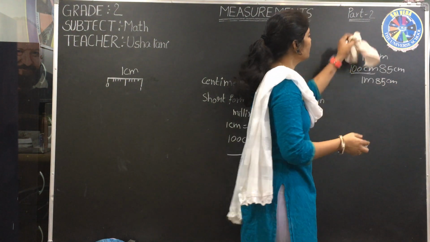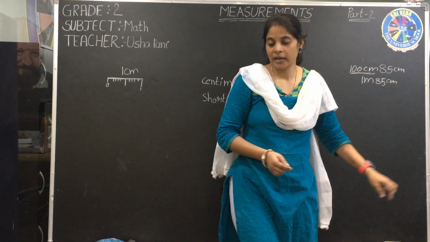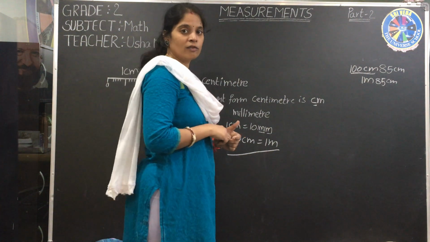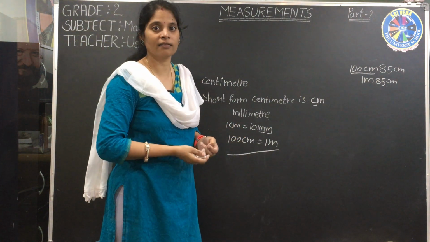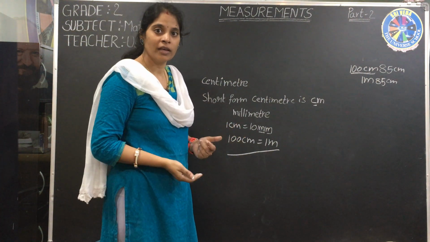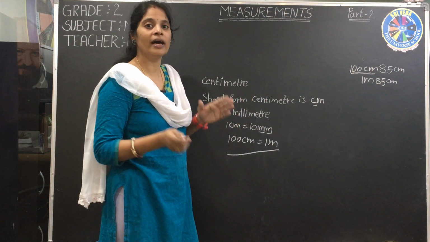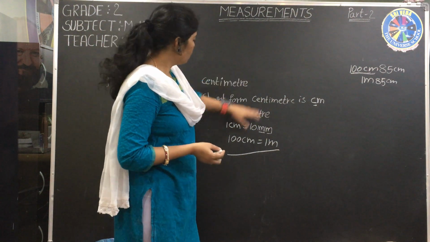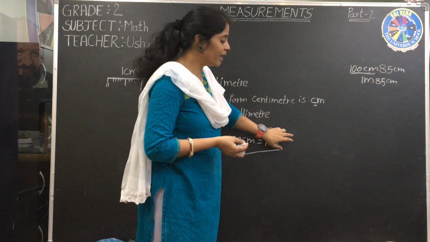So 1 centimeter equals how many millimeters? Remember these measurements, children. You will learn this in your next classes also, third, fourth, fifth. So learn this chapter carefully. 1 centimeter equals 10 millimeters.